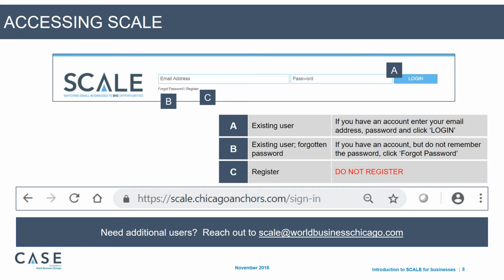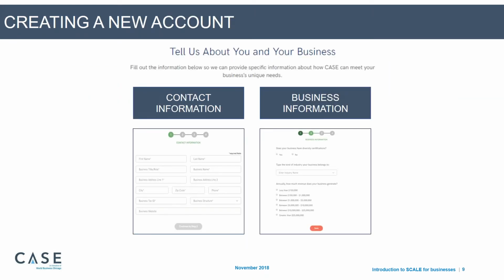If you need additional users for Scale, you will need to reach out to scale@worldbusinesschicago.com or again, me directly, and I will grant you your user access. We just need their name, email, phone number, and title. Once you receive the invite, create your account, log in, you're going to be prompted to update your contact information, including your business structure, whether you're an LLC, a C Corp.